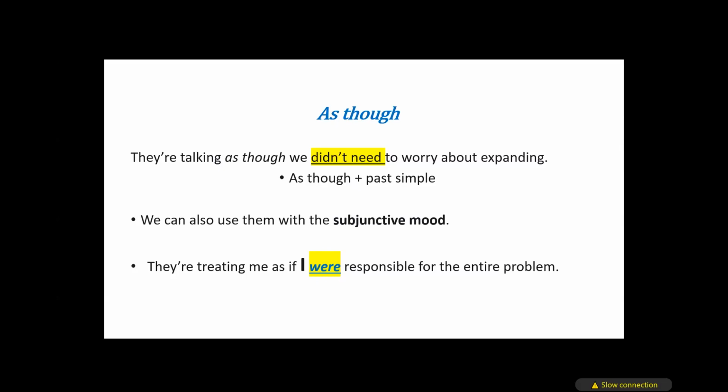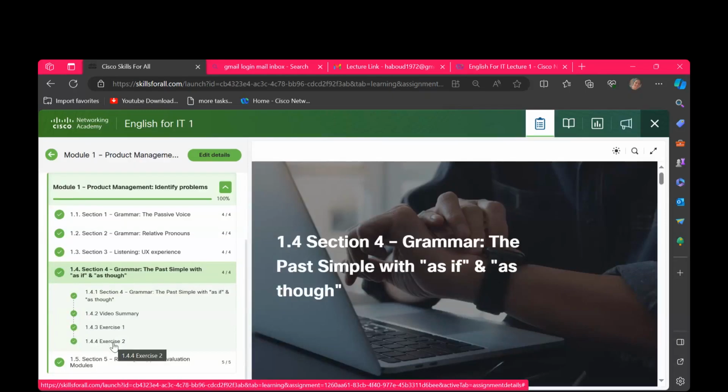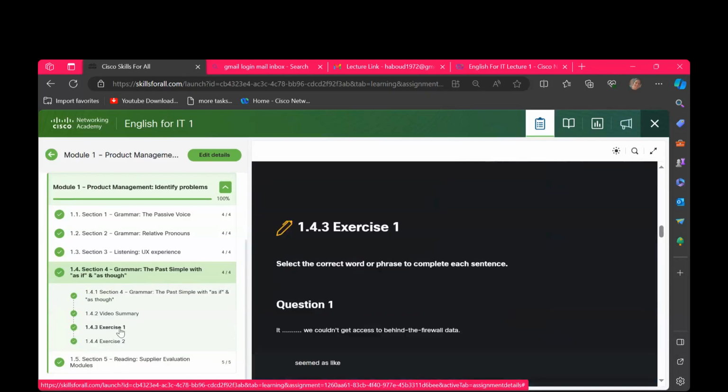Okay, let's have a look at some exercises. Again, let's share the exercises from here with past simple. Exercise 1, select the correct word or phrase to complete each sentence.